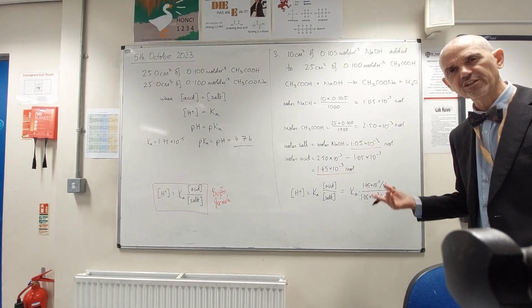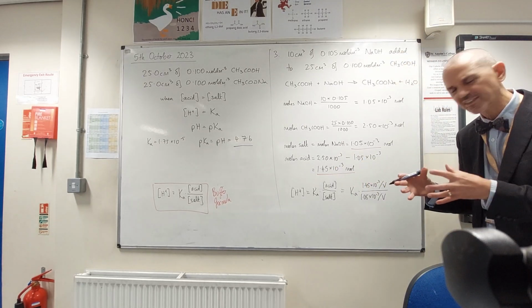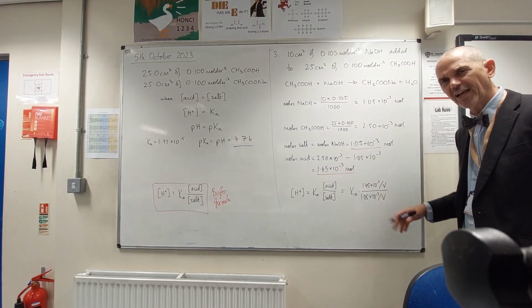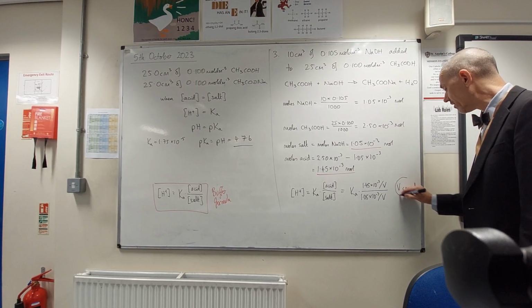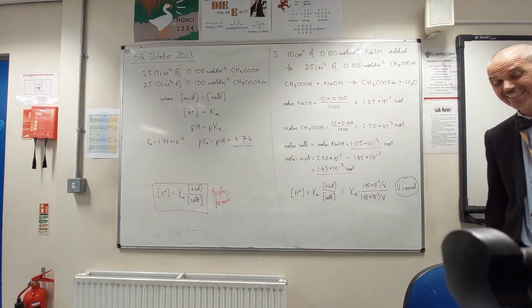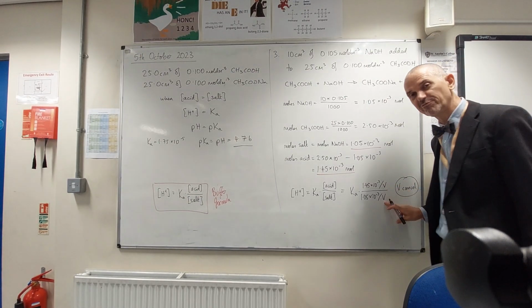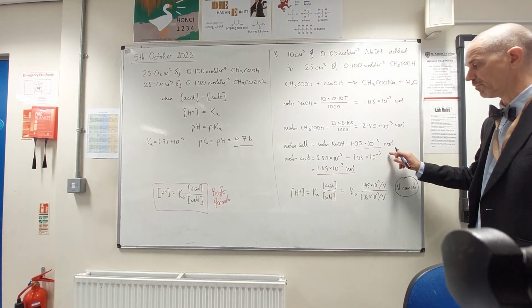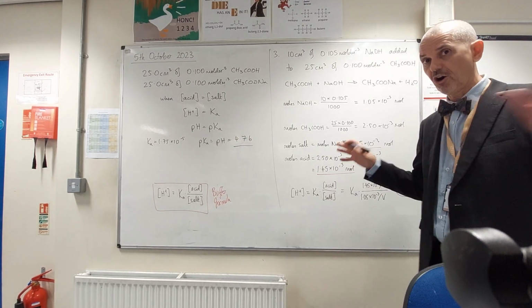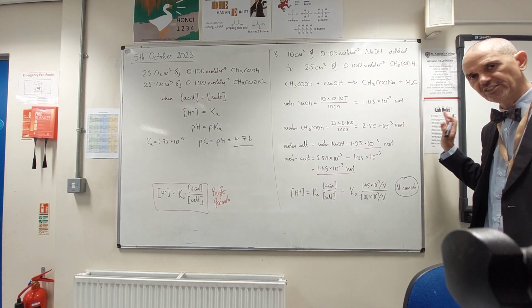Well, it's a buffer solution. I've got the acid and the salt mixed together in the same flask. The volume has to be the same. So V for buffer questions will actually always cancel. So I might put a /V in the expression there just to remind me that these are moles and that's volume, these are concentrations. Obviously I haven't forgotten that, but actually it's just going to disappear.